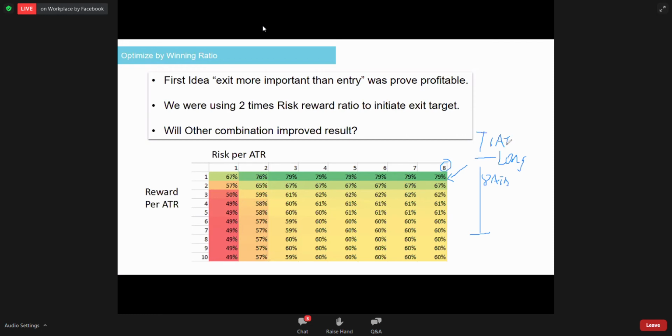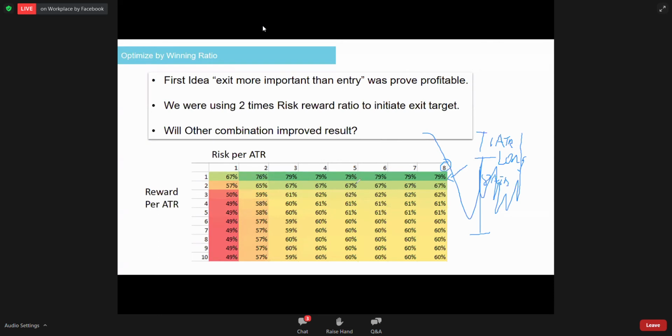Of course the winning ratio will be good, because you let the market fluctuate like that, and only when it reaches here do you take profit. Of course you're good, it doesn't need any testing. The logic will tell you this gives a high winning ratio, but your P&L may not be good.